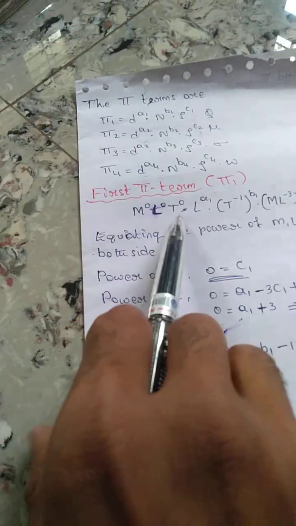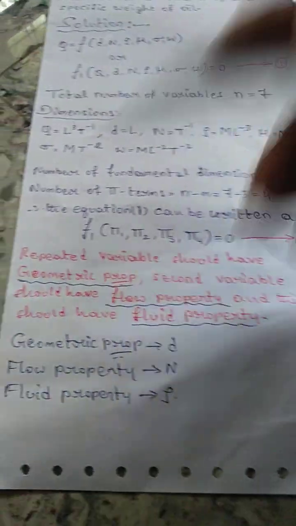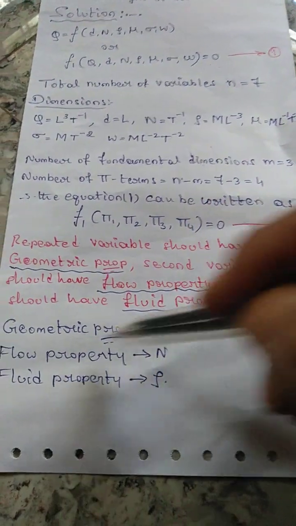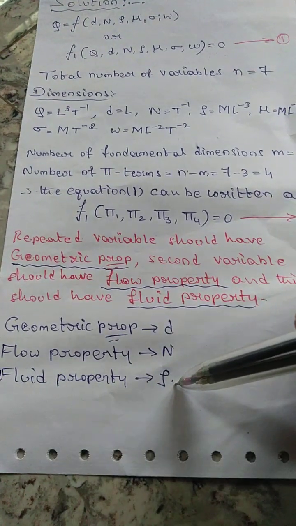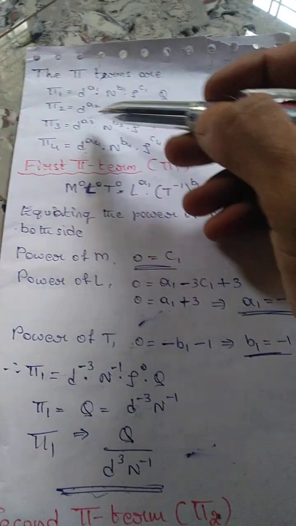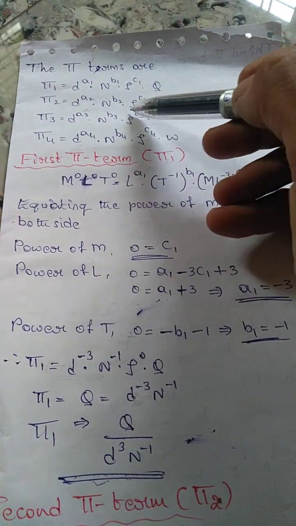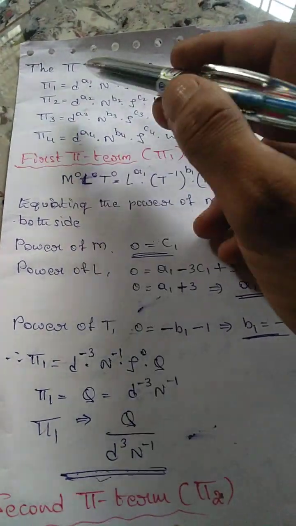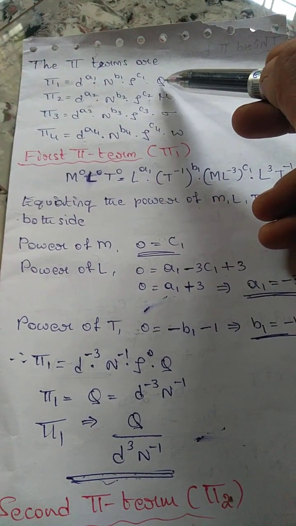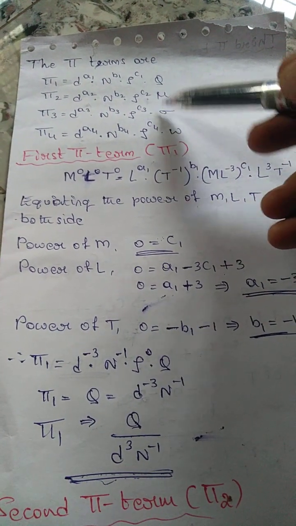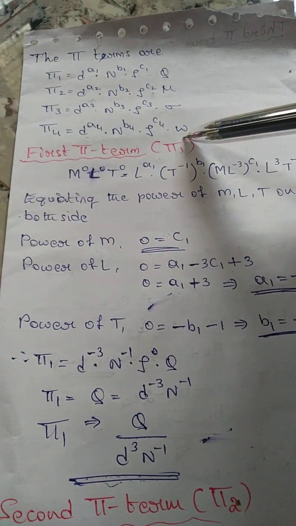Because see here, geometric property d, flow property n, fluid property rho. So these are the repeated variables d, n and rho, repeated everywhere. Q is not a repeated variable, so we will be taking Q, mu, sigma and w.